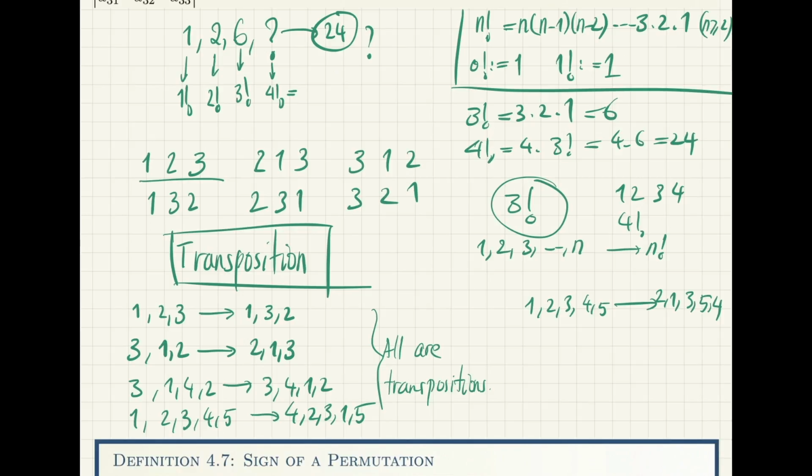No, you see, because not only 1 and 2 are swapped, but also 4 and 5. Yes, 3 is not changed, but 4 and 5 have been swapped. 1 and 2 have also been swapped. So that is not one single transposition. It's a composition of two transpositions. Yes, I will talk about them later. But this is not a transposition.